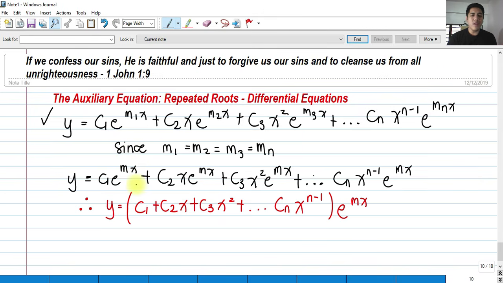But if we are going to solve some higher order differential equations using differential operators and auxiliary equations, and all of the roots are repeated, meaning they have the same root, so m sub 1, m sub 2, m sub 3 up to m sub n are equal, we can rewrite this whole solution as c sub 1 e raised to m multiplied by x.